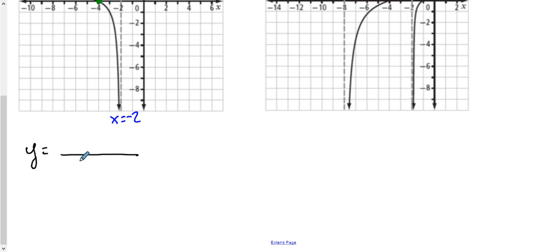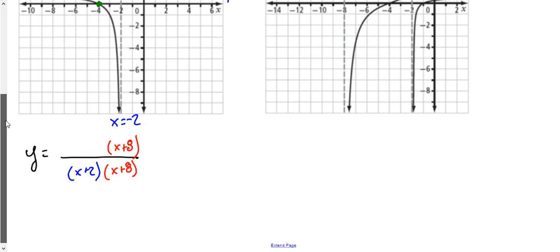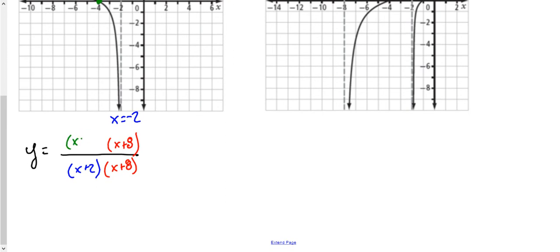Vertical was at x equals negative 2, so I'm going to have an x plus 2 in my denominator. I also had a POD. The POD was at negative 8, so I'm going to have it right beside x plus 8 and an x plus 8 to stack it so that we can eventually cancel out to make our POD. We had an x-intercept at negative 4, so I'm going to have x plus 4 right here. And more or less, this should be good.